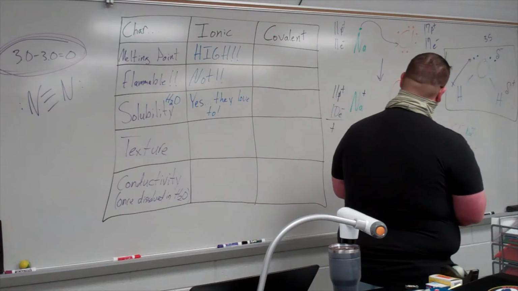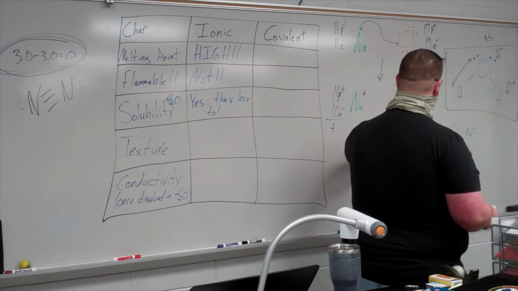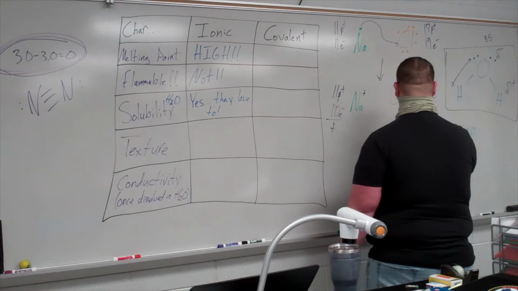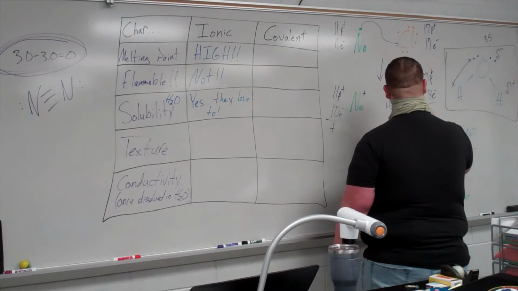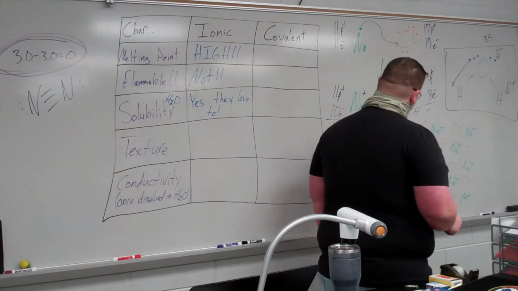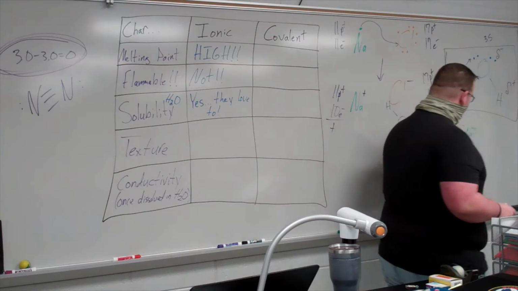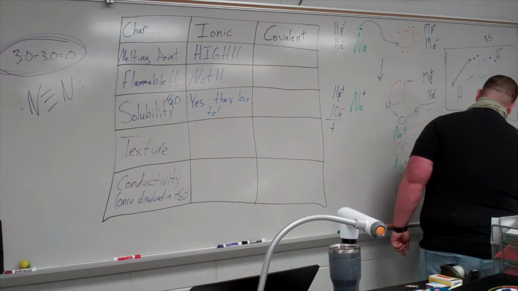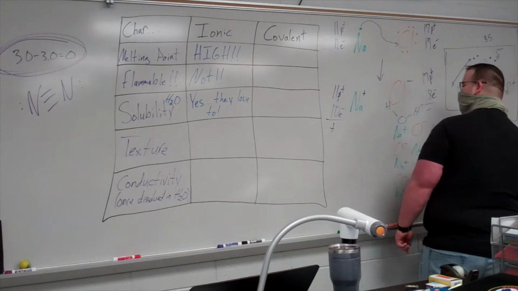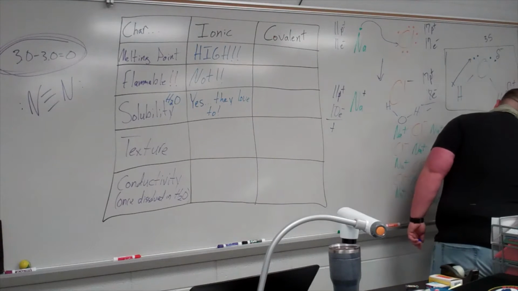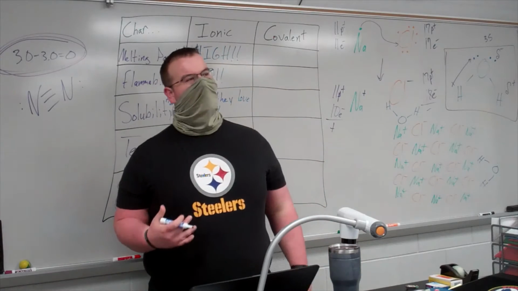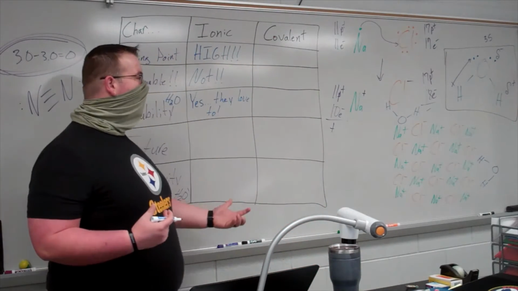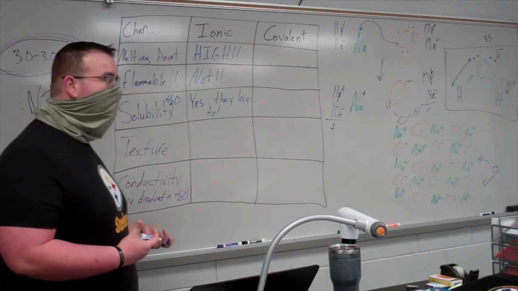What will happen is at the sodium, there'll be an oxygen. At this chlorine, there'll be some hydrogens. Why are the hydrogens lining up with the chlorines and the oxygens lining up with the sodiums?